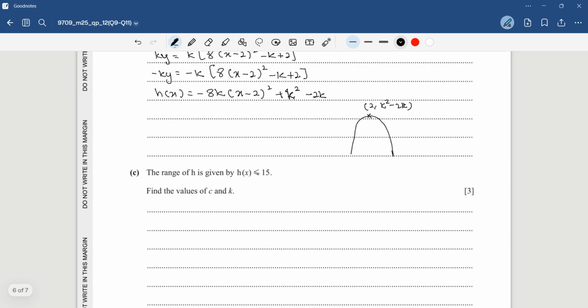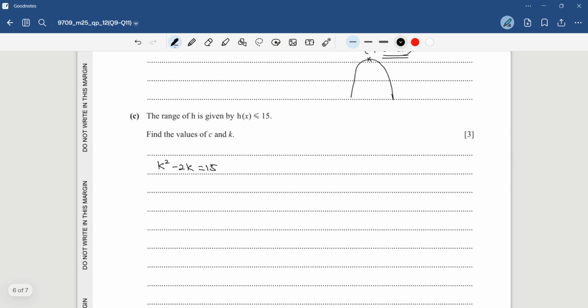Since they said h(x) is at most 15, this value is equivalent to 15. So k squared minus 2k equals 15. So k squared minus 2k minus 15 equals 0. Therefore, (k minus 5)(k plus 3) equals 0. So k equals 5, k equals negative 3.